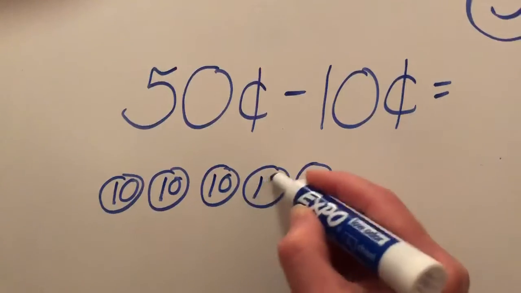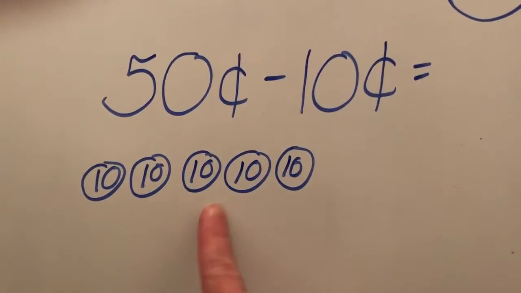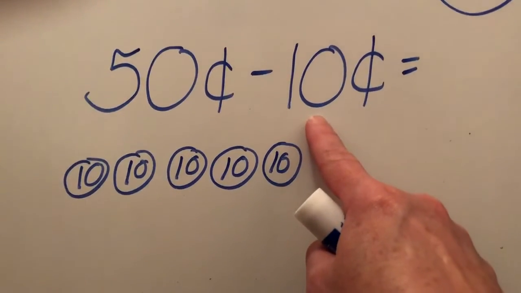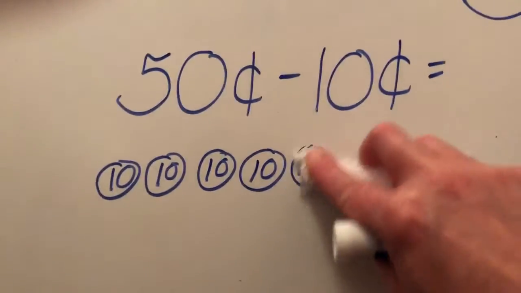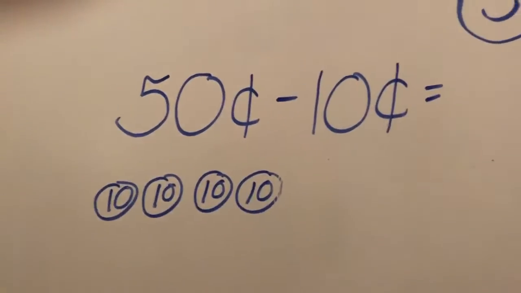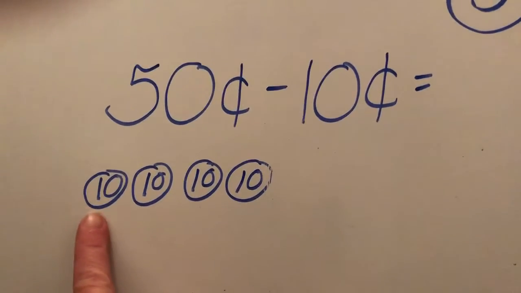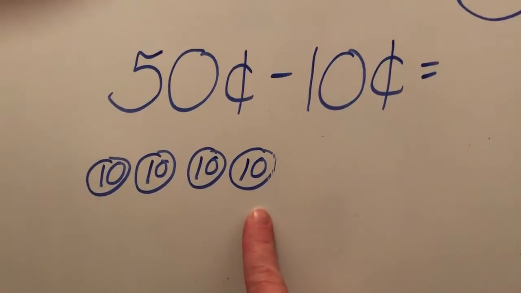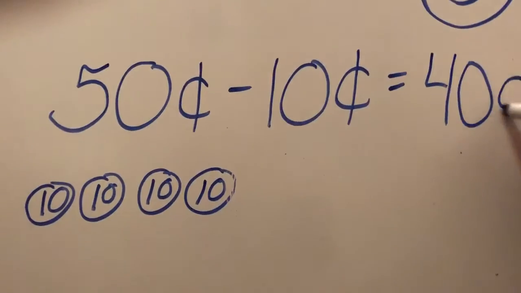Each dime is worth 10 cents. 10, 20, 30, 40, 50. And then it says I'm going to subtract or take away 10 cents. I'm going to take away one of those dimes. How many do I have left? Let's count. 10, 20, 30, 40. And what's the answer? 40 cents.